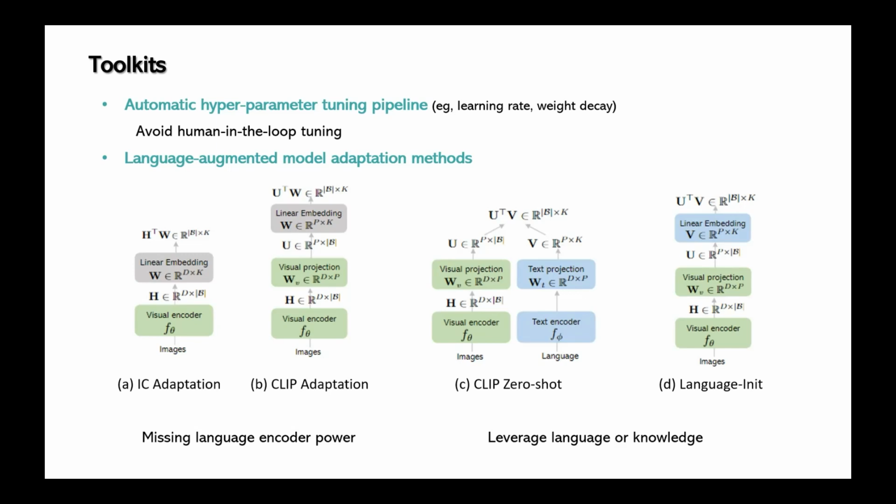We can say that the pre-trained text encoder is not used in the random initialization method. Instead, we are trying to leverage the full power of the vision language pre-training models. Specifically, we propose a simple method called the language initialized adaptation method. The basic idea is to initialize the linear head using the output of the language encoder.